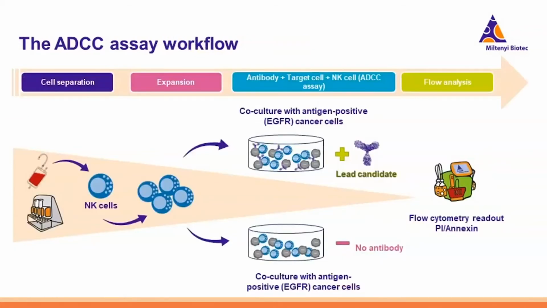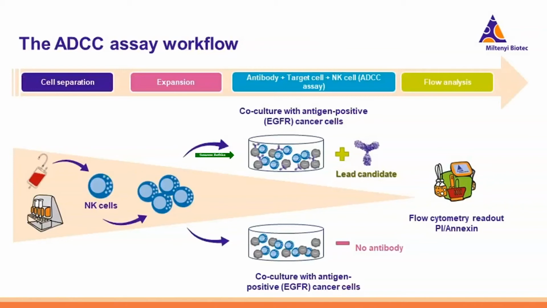So the workflow looks like this. You get your blood sample, of course from a human, and isolate your NK cells. You expand your NK cells, and then you go into the co-culture of your antigen-positive cancer cells with the NK cells and your antibody candidate.